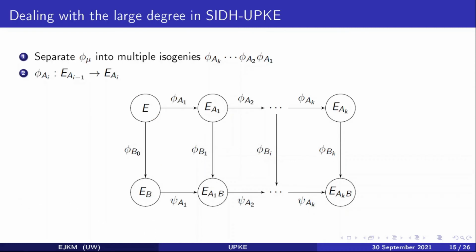How we do that is simple. We take our original isogeny phi mu and we separate it into a chain of smaller isogenies from phi A1 up to phi AK. And then what we can do is do the SIDH exchange on every single rectangle until we get the final elliptic curve EAKB, which will be the shared secret.